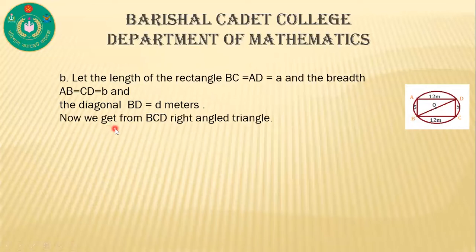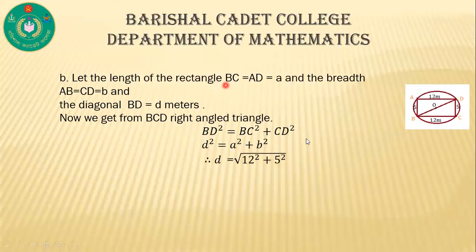Now we get BCD is a right angle triangle. From Pythagoras, we can write BD square is equal to BC square plus CD square. So we can write d square is equal to a square plus b square. Now putting this value, BC is equal to 12, CD is equal to 5.